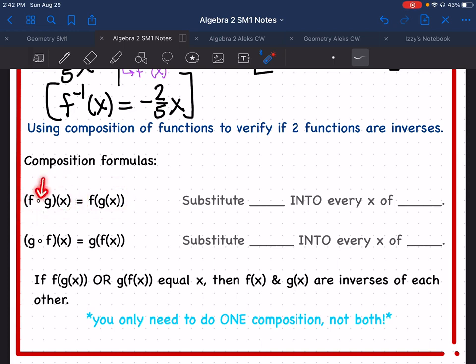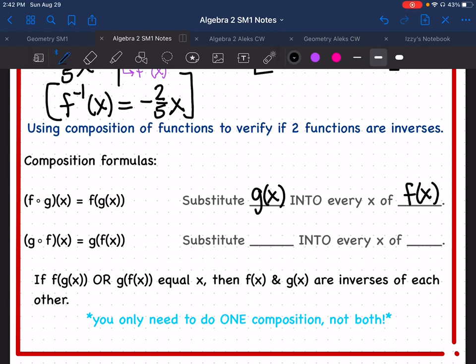Notice that this circle right here is open and it kind of looks like the word fog, but what it simply means is that we're going to substitute g of x, the one that's inside the parentheses, the one that's second, into every x of f of x. Okay, that's one way you can do it.